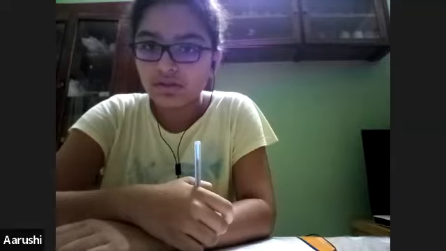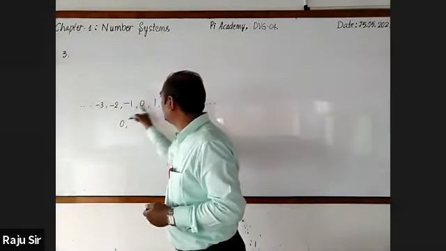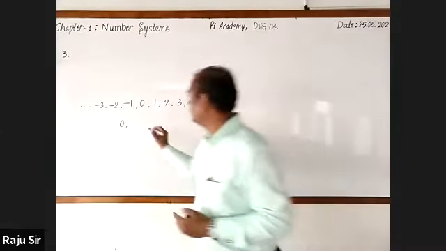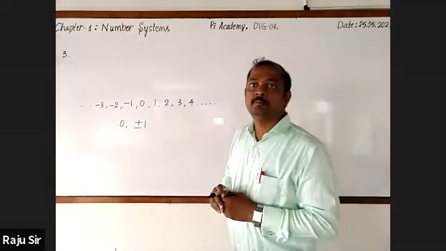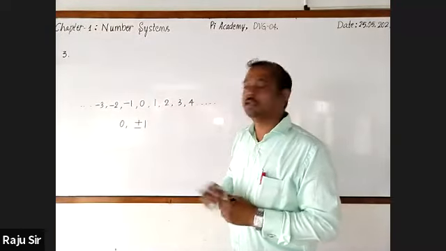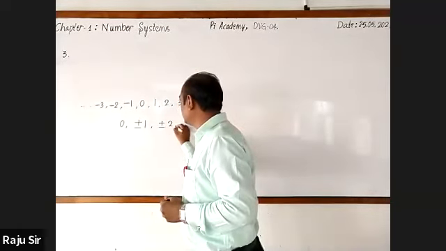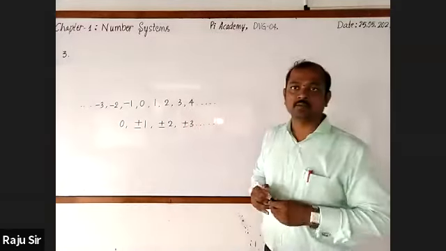Here we have positive 1 and negative 1. Let me write them together. It can be written like this and is read as plus or minus 1. Next, plus or minus 2, plus or minus 3, and so on.